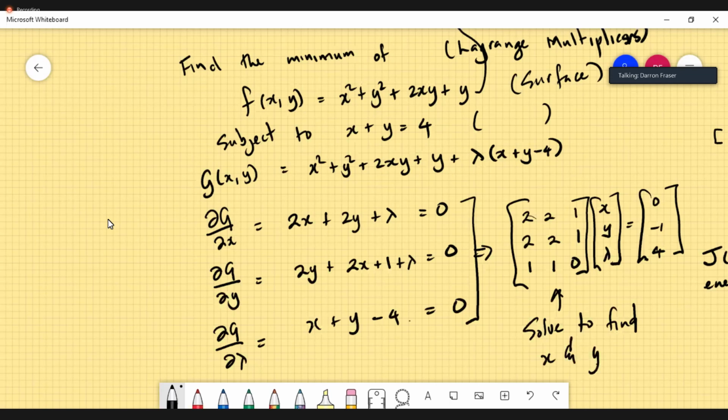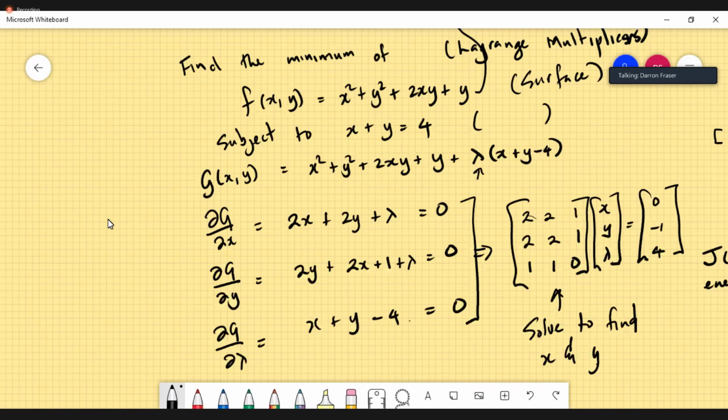So the whole entire process is the same as when you're doing single variable calculus, but you would put in the constraint and then you would differentiate it, make it equal to 0, and then solve for x, y, and lambda.